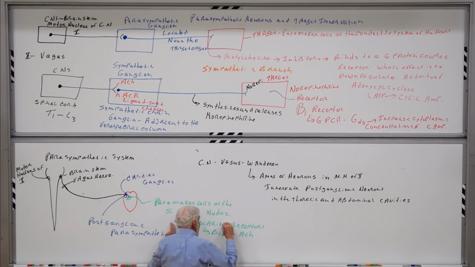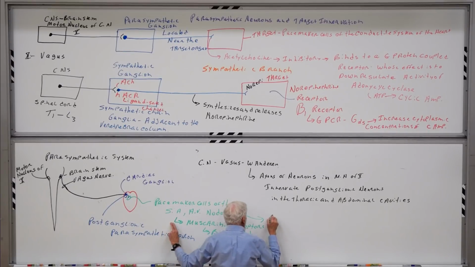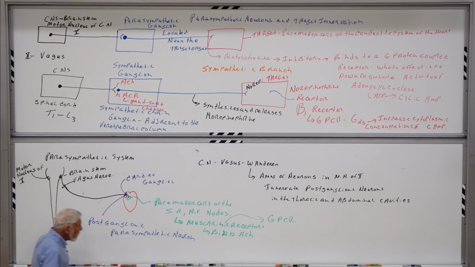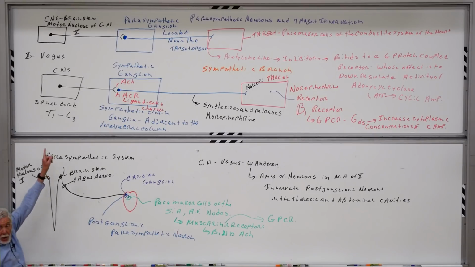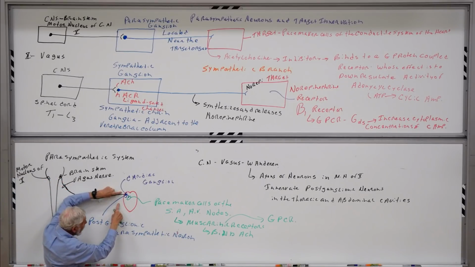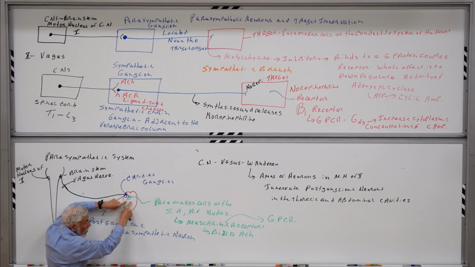But in this case, these muscarinic receptors are a type of G protein coupled receptors. So that's basically the anatomy. Again, always this three-cell chain, preganglionic to postganglionic to target. We drew that in the boxes. We have the same pattern here. Preganglionic cell bodies in the brainstem, synapse onto the postganglionics in the wall of the heart, in the cardiac ganglion, postganglionic synapse onto the pacemaker cells.